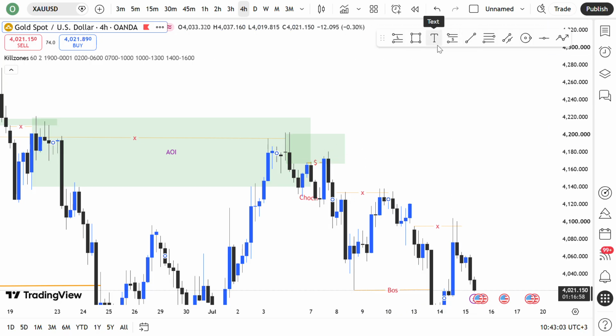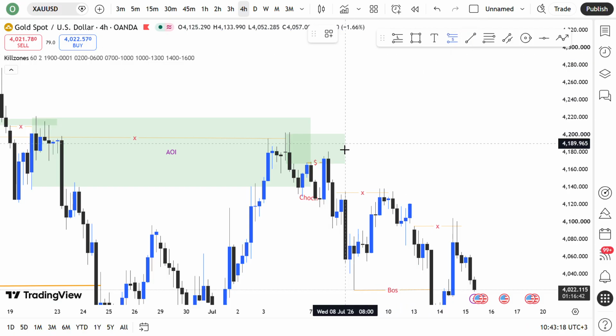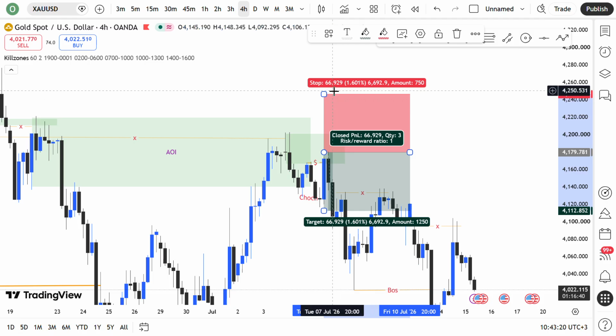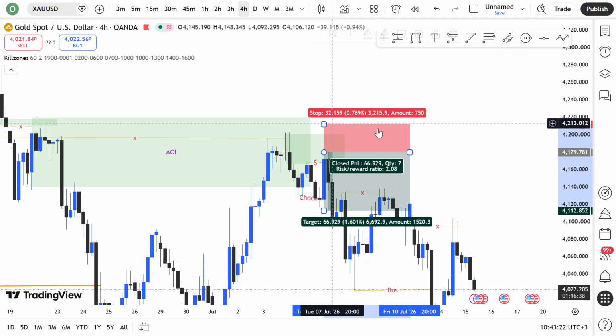Meaning when it comes to finding clear entries, it is static liquidity. Using static liquidity to spot clear entries is a powerful concept when it comes to finding entries from lower time frames.